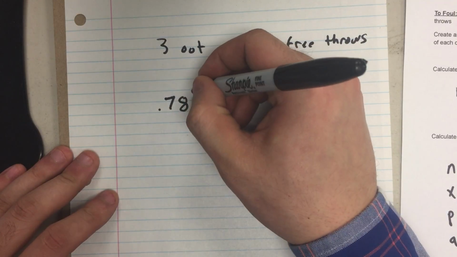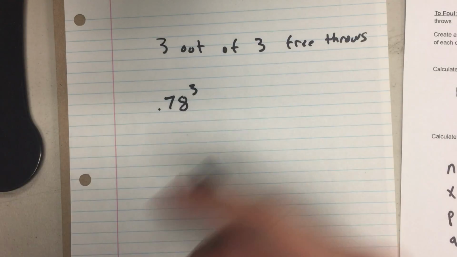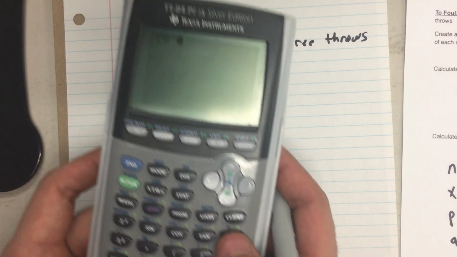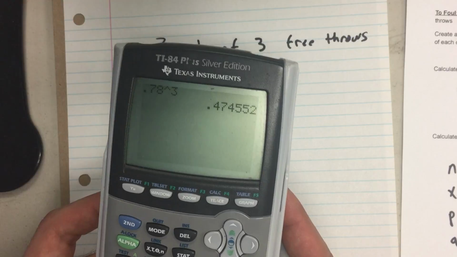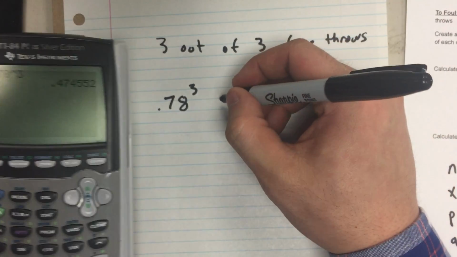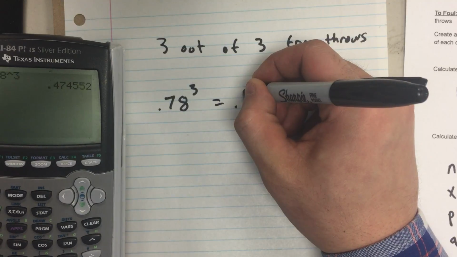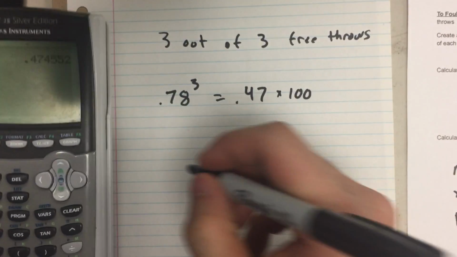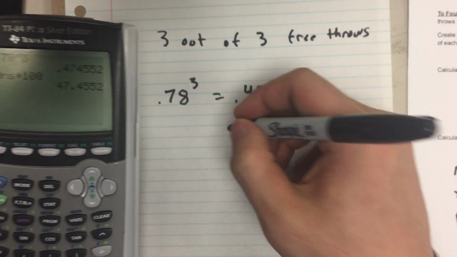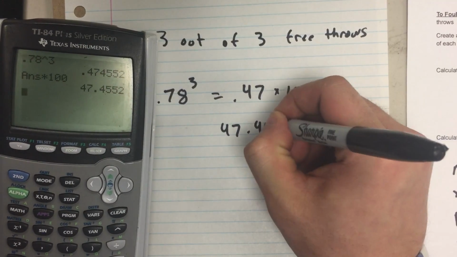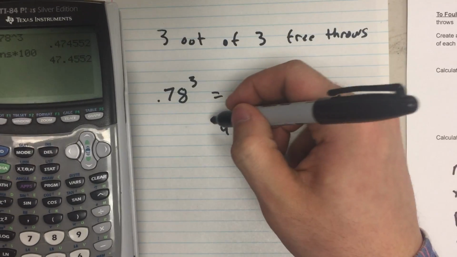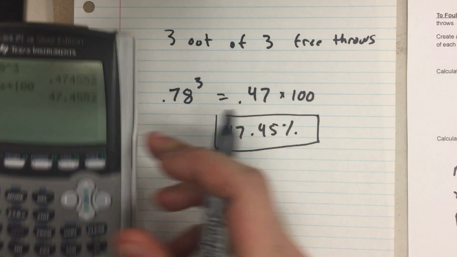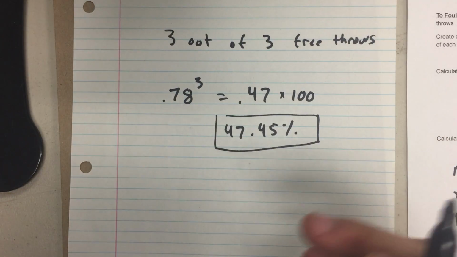So we're going to take 0.83 and raise it to the third power because he's taking 3 shots. So 0.83 times 0.83 times 0.83, and I'm going to get about 0.57, and then times that by 100 to get the percentage. The chances that he would make 3 out of the 3 free throws is about 47.45%.